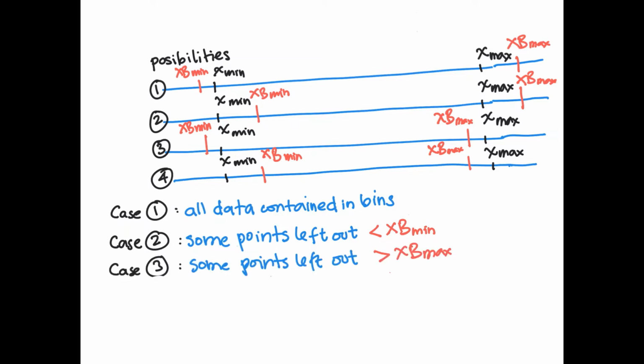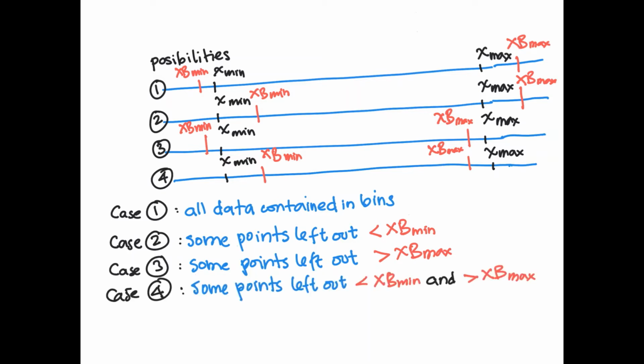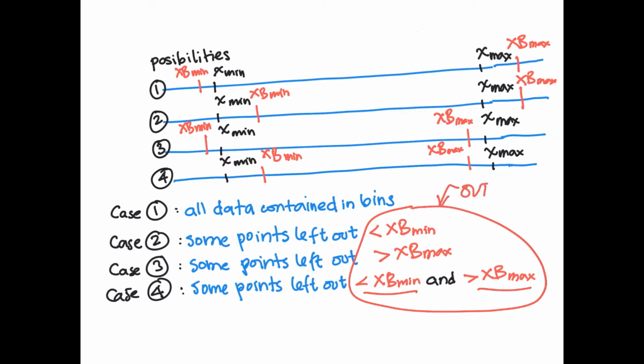There is the possibility of the third case, in which case some points will be left out of the XB maximum. Finally, if the XB minimum and XB maximum are within the X minimum and X maximum, there will be points below and there will be points above. All these points, when we use that classification, are called outliers.